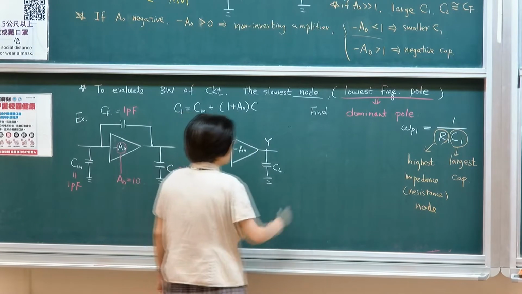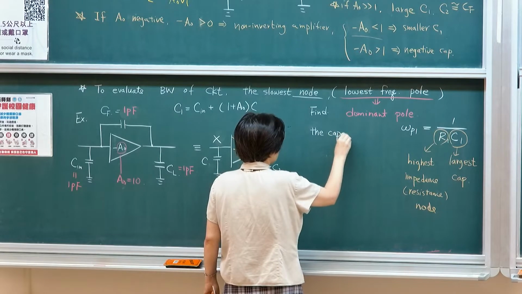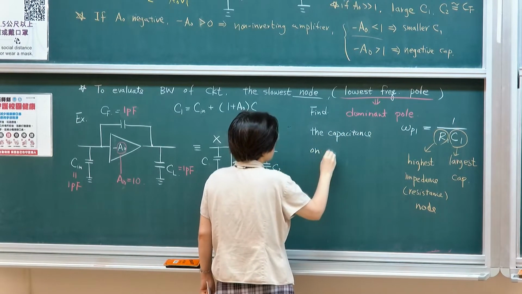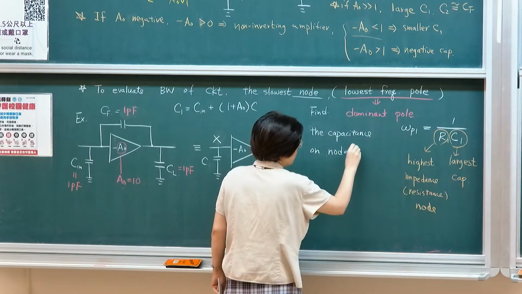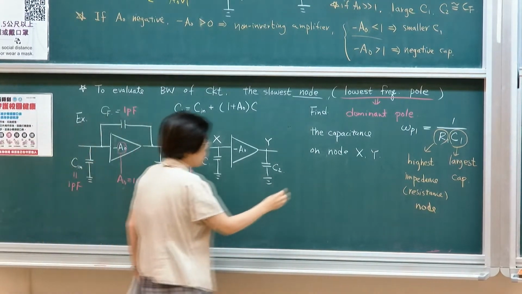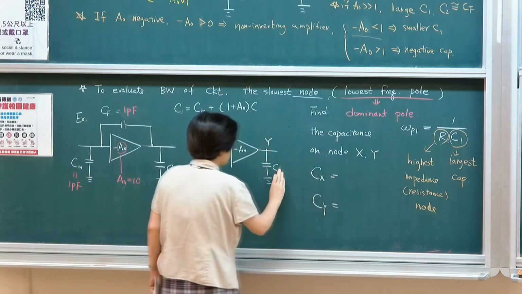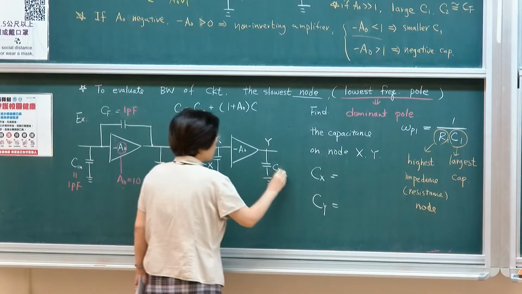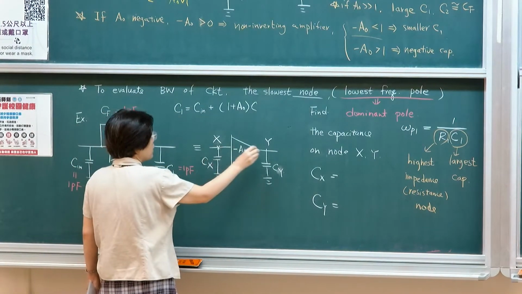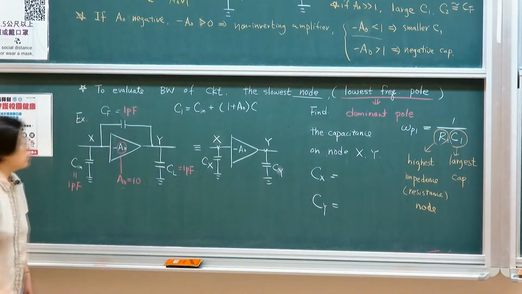We want to find the loading capacitance on terminals X and Y. On nodes X and Y, we want to use this to find the poles at node X and Y. That would be CX and CY. Okay? So these are X and Y, just to be clear.